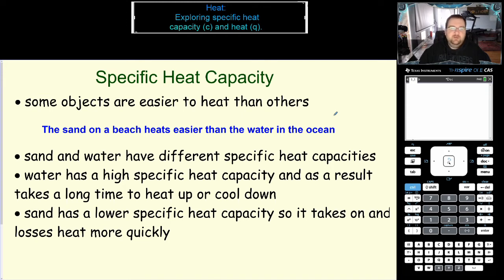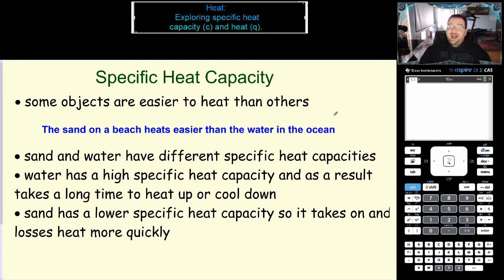So if you can make it from your beach towel to the ocean or the lake, walking over that super hot sand, once you get to the water, it's not boiling hot, right? Which you might expect it to be. If the sand is super hot, the water you might think should be super hot too, but it won't be. And the reason why is because they have different specific heat capacities.